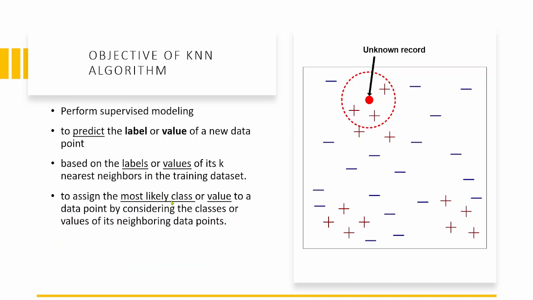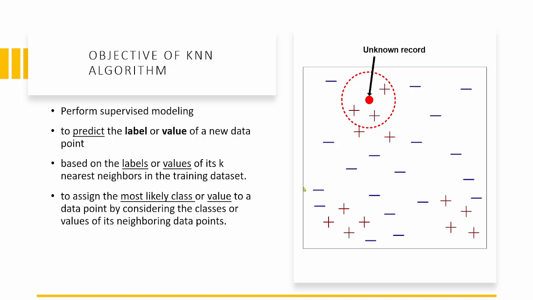To assign the most likely class or value to a data point or test point, we consider the classes. That means if you have considered three neighbors as a deciding criterion, then out of the three neighbors, we will look at the majority class, and the majority class is going to be the prediction for the test point.